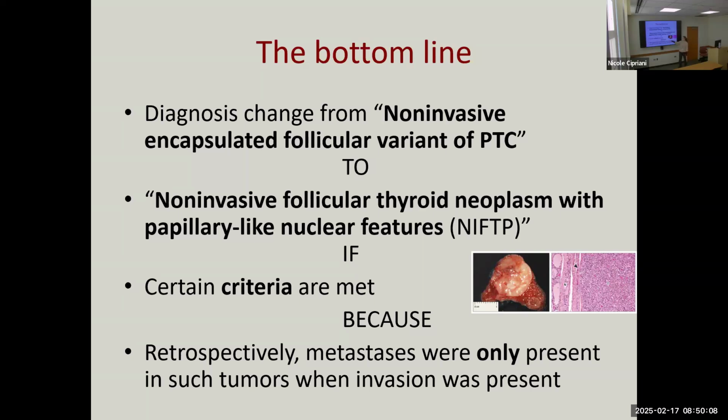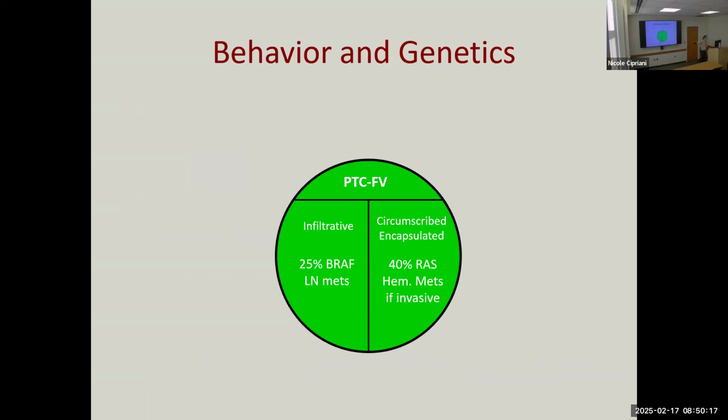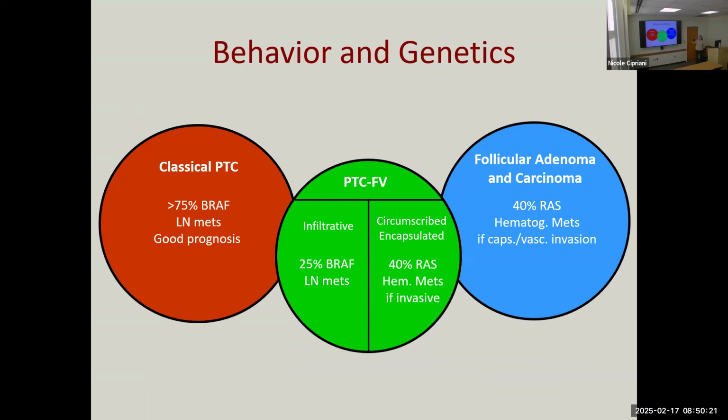Now we realize that if these don't have invasion, they don't metastasize. So basically they're biologically like follicular adenomas, they just happen to have some funny looking nuclei. We know that the non-invasive encapsulated follicular variants of PTC are basically RAS driven, unlike the classic variants of PTC, which are BRAF driven.